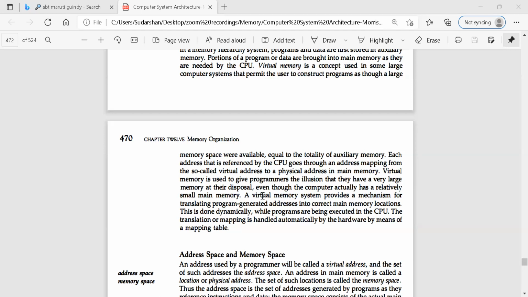Therefore, each program will get 2 MB of primary memory, whereas my program size is 8 MB. I know pretty well that my 8 MB program cannot be stored in a 2 MB portion of primary memory in the olden cases or previous scenario.